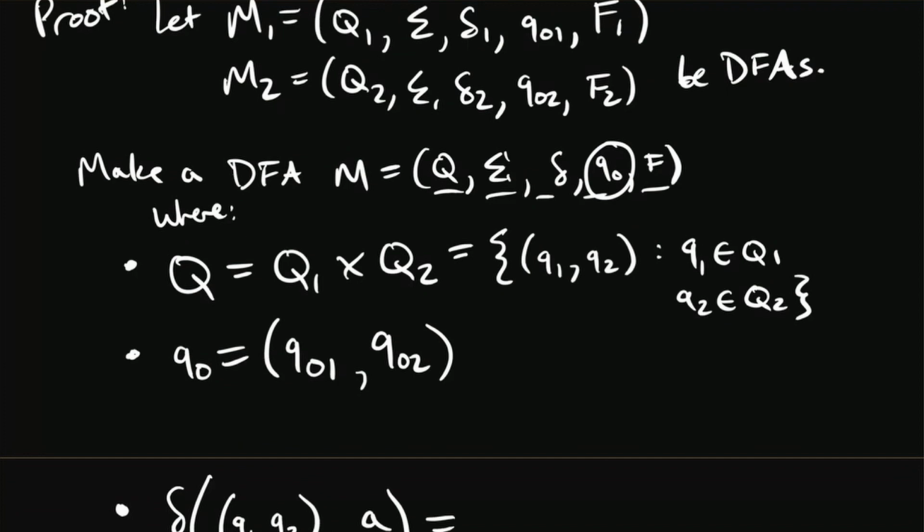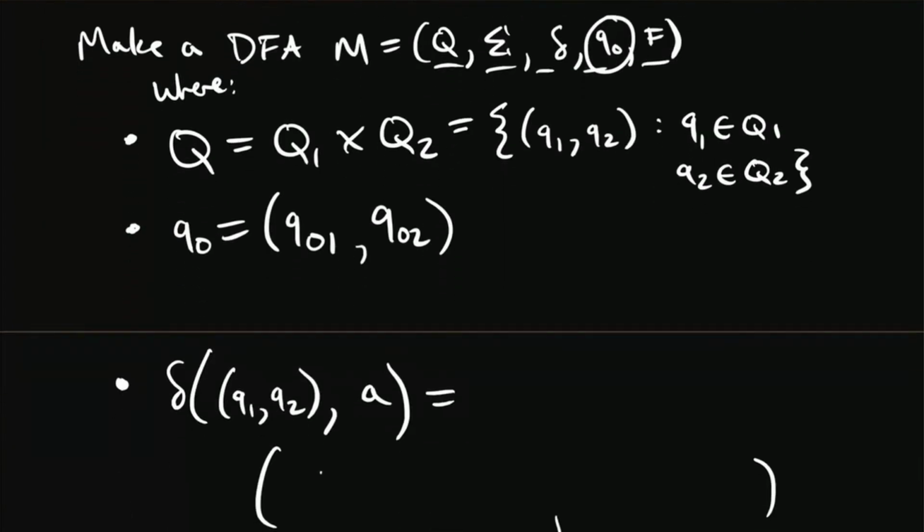How do I figure out what goes in this first coordinate? What machine should I look at for the original transition function? The first machine. And what is the name of the transition function in that case? Delta 1. Cool. So delta 1 goes here.